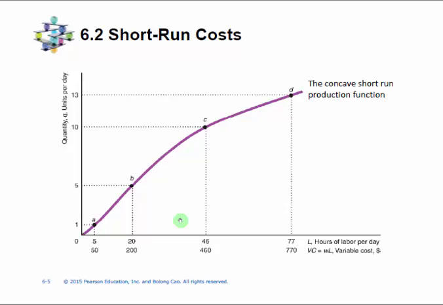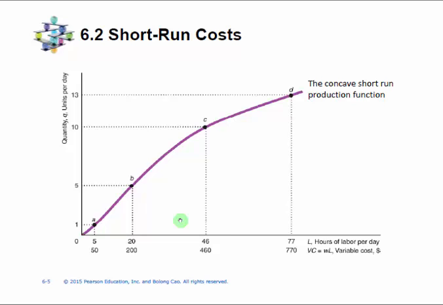So the first 100 in, I got 200 more, but the second 100 in, I only got 150. That's a decreasing marginal output of labor. And what it means is increasing marginal cost. The per unit labor input output is smaller.